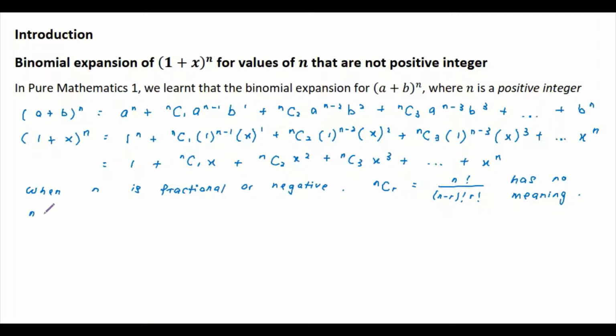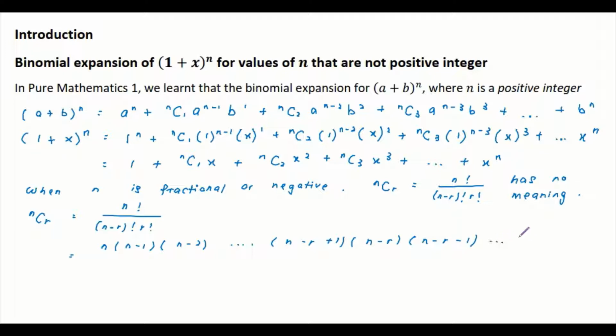If we have nCr equals n factorial divided by (n minus r) factorial and r factorial, let's imagine what n factorial is. It is n times n minus 1 times n minus 2, and you will continue, then in the middle, because you have your r here, we go through the part where we have n minus r plus 1, n minus r, and then n minus r minus 1. After that, you get to 3, 2, 1, right?